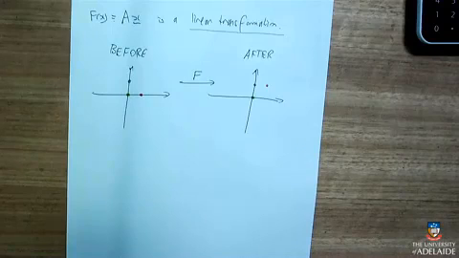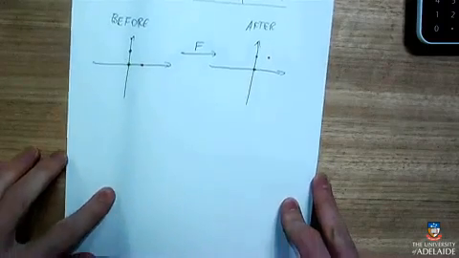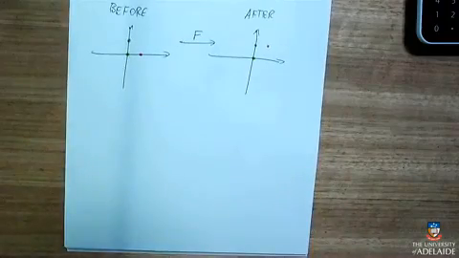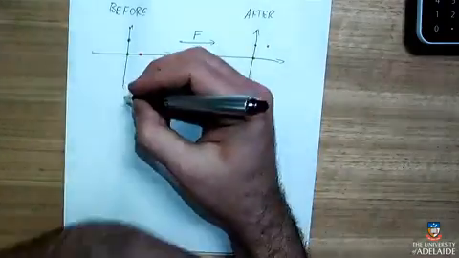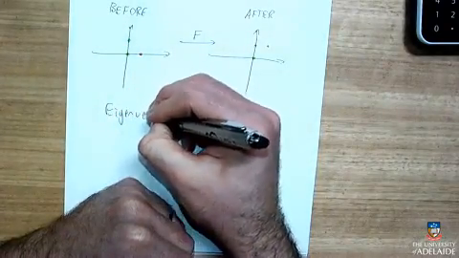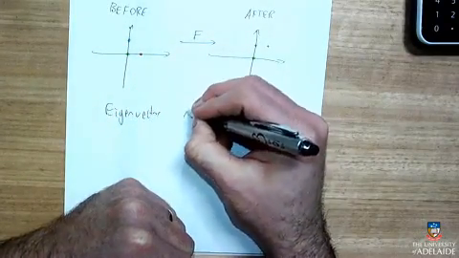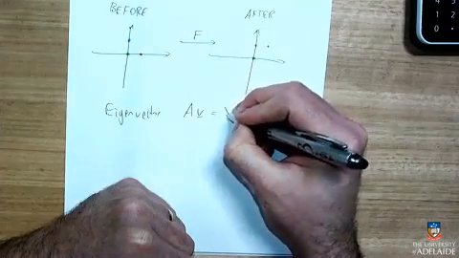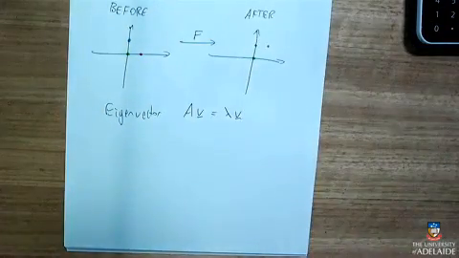And so I can try and see, based on a picture, which vectors are eigenvectors, because an eigenvector has the useful property that it's on the same line through the origin that it used to be. So an eigenvector does this: A times the vector is some multiple of the original vector.